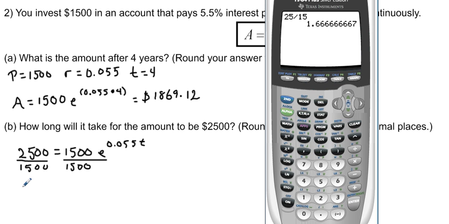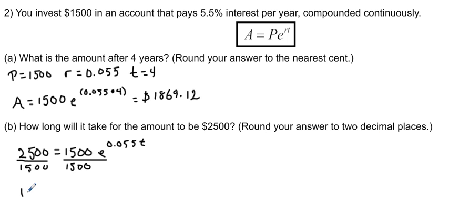So we can write 1.67. This is an estimation, but it should not give us an answer that is too far off. So 1.67 equals e to the 0.055t.